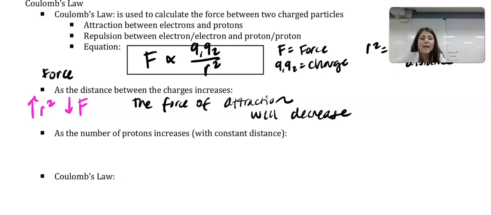Then, as the number of protons increases with a constant distance, if we increase this variable, how does it affect the force? Here, this is a direct relationship. If we increase the protons, so increase the charge, we will increase the force of attraction.